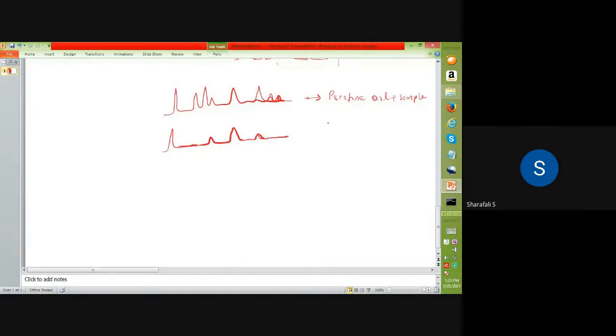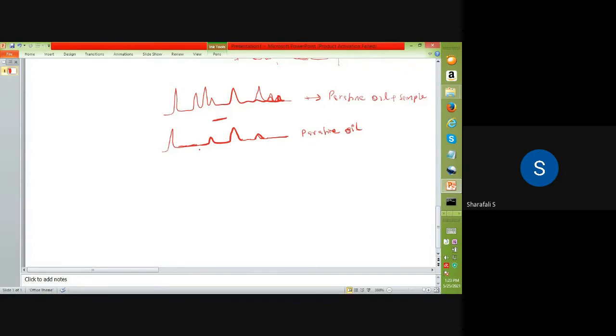Okay, so this is only paraffin oil, and this has to be subtracted. So this is paraffin plus sample, and this is paraffin oil.